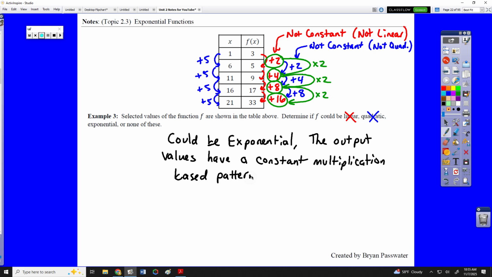They are proportional. And it is actually a disguised pattern, so it's a little bit tricky to see. We have to realize that the outputs, there is a multiplication-based pattern there, but again, it is hidden.